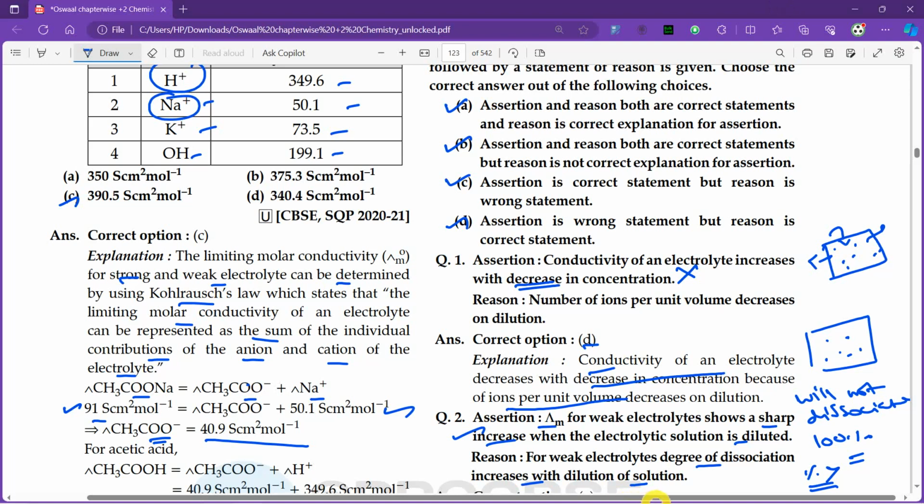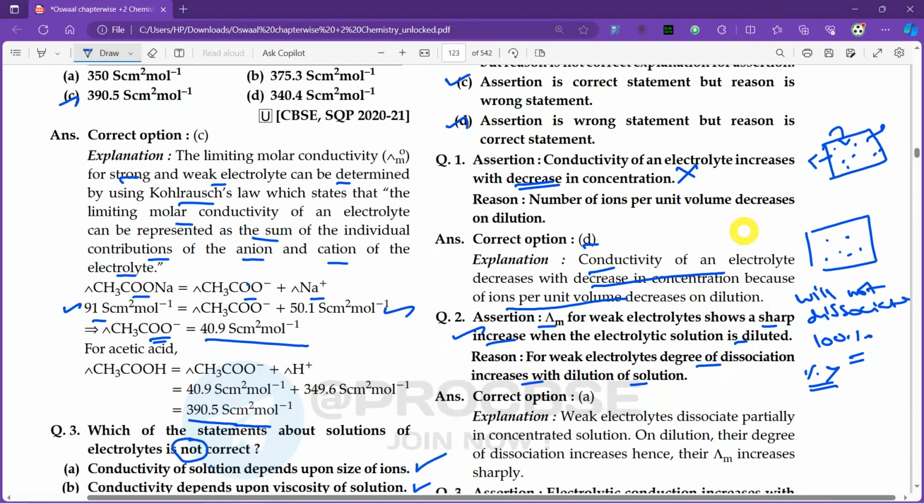So both are right. So the answer is A. Both are right. Okay. Yes. Weak electrolytes dissociate partially in the concentrated solution. On dilution, their degree of dissociation increases and hence their molar conductivity increases sharply.